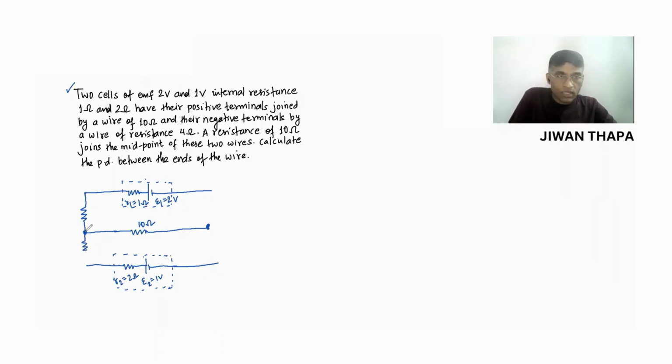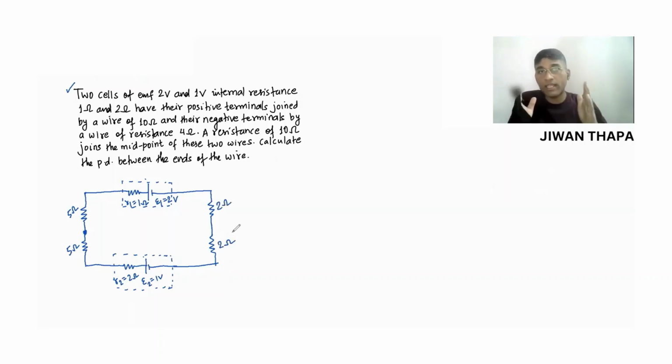So we can have this. 5 ohm and 5 ohm in series gives 10 ohm, and 2 ohm and 2 ohm in series gives 4 ohm, and the midpoint.